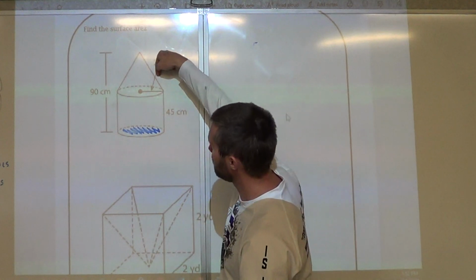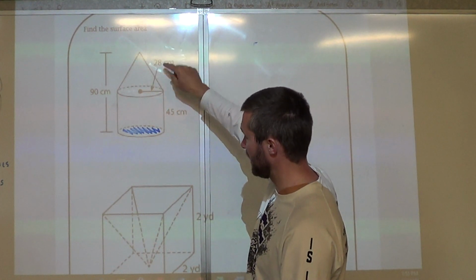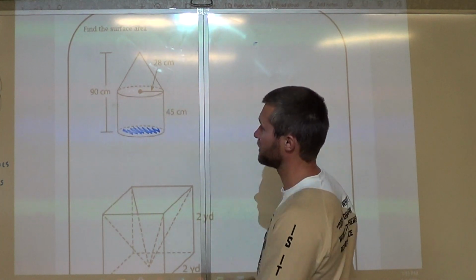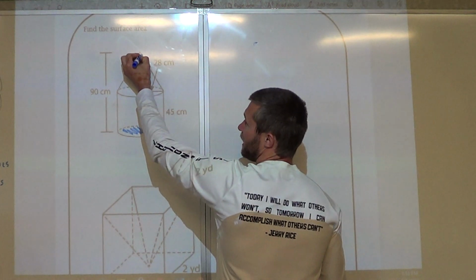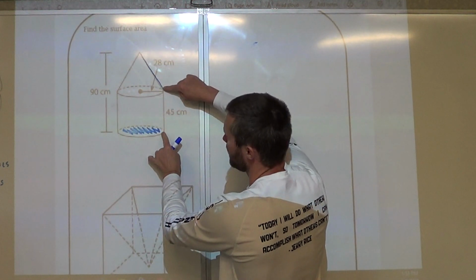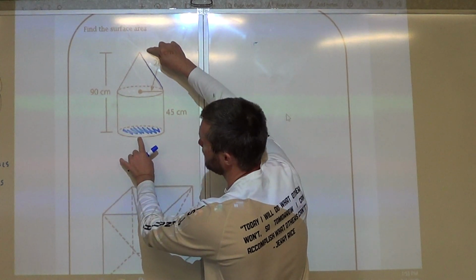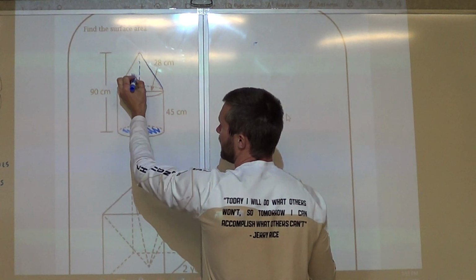But we do need to find the lateral area of our cone, which is pi times our radius times our slant height. Now, we don't know this slant height. From here to here is 45, and we know from top to bottom is 90, so this height right here is 45.